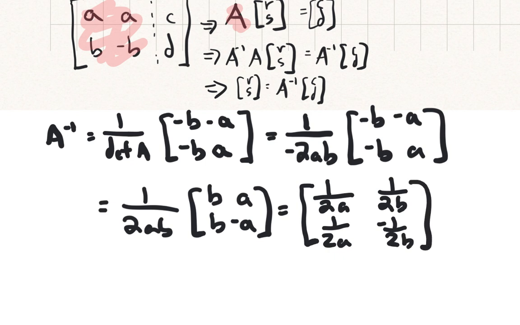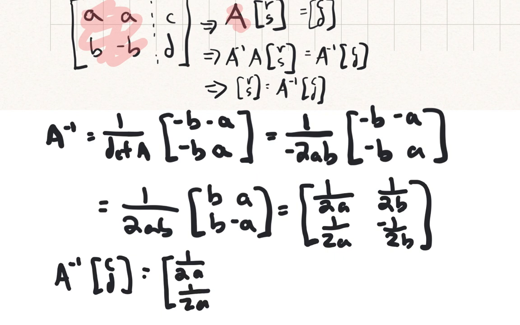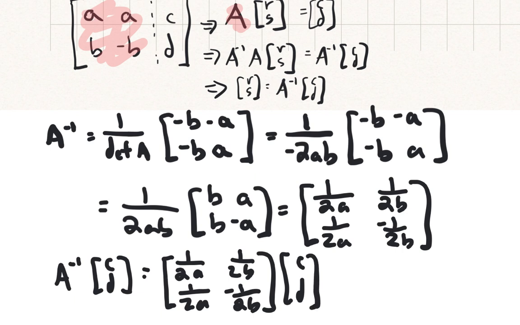So now I just need to multiply A inverse times CD. So A inverse times the column vector CD is going to be 1 over 2A, 1 over 2A, 1 over 2B, negative 1 over 2B times CD. And if we do that, we indeed get c over 2a plus d over 2b. That's your first entry.